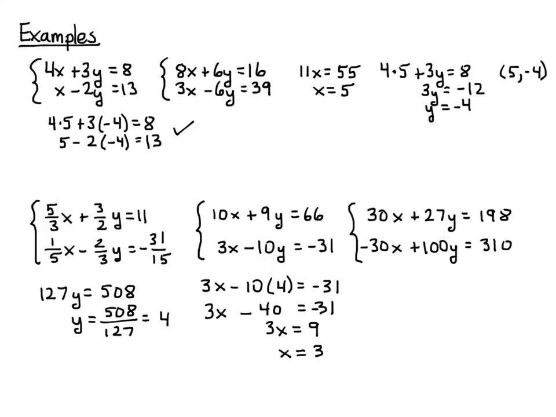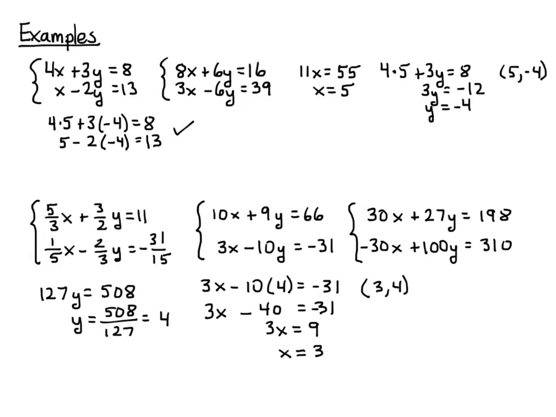So my solution is going to be 3, 4, but especially in a case like this, I think I really do want to check it out. And of course I don't check it out here, at least I didn't take the space, but you would put those in, and so we can probably even do that mentally.